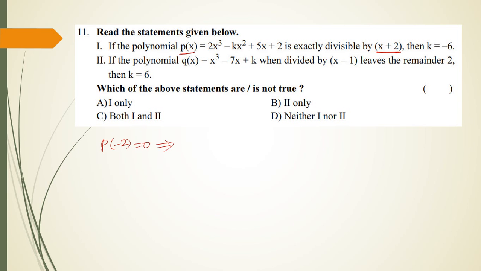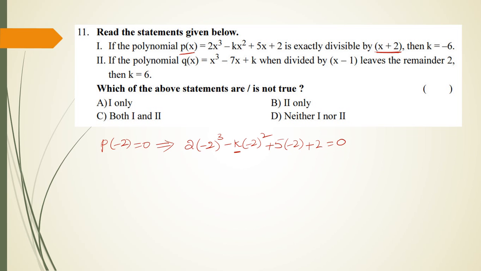So I am going to get 2 into minus 2 whole cube minus k times of minus 2 whole square plus 5 times of minus 2 plus 2 is equal to 0. Now if I get k is equal to minus 6, then this statement is correct.